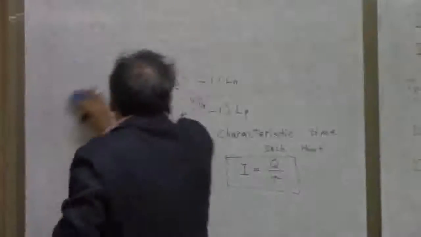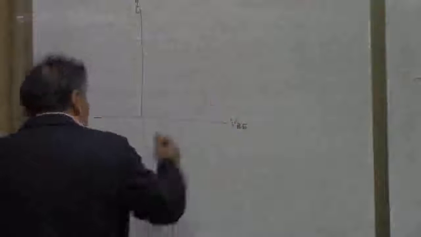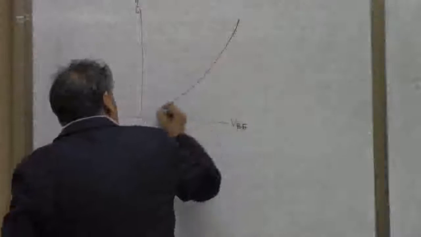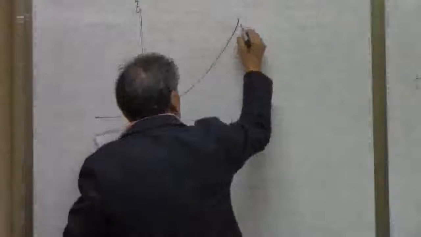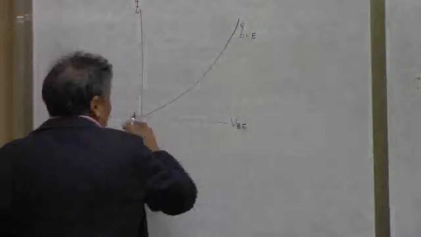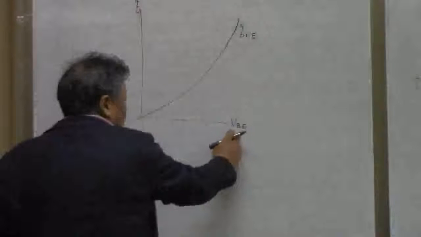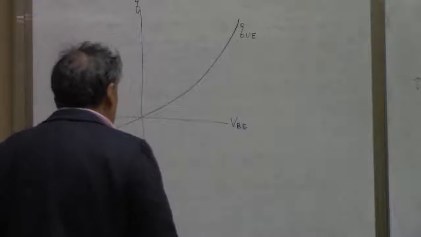And if you plot the charges with respect to the forward bias between emitter and base, you can see that with that equation, QVE, the space charge, is going to vary something like this with respect to the application of the emitter and base voltage.